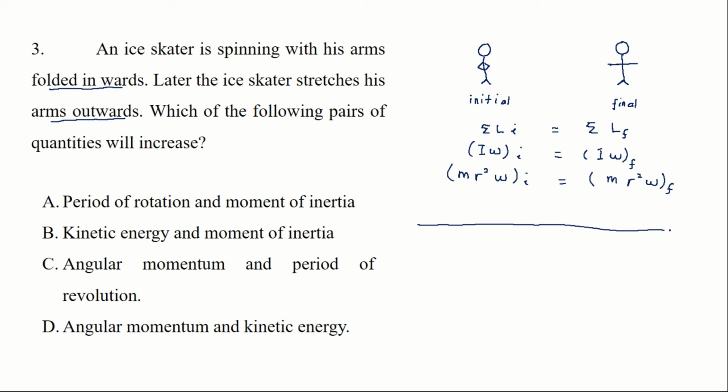Now for the period T, we know the equation for period T equals 2 pi per omega. For the final period T, we know that the initial R is decreased but the final R is increased.